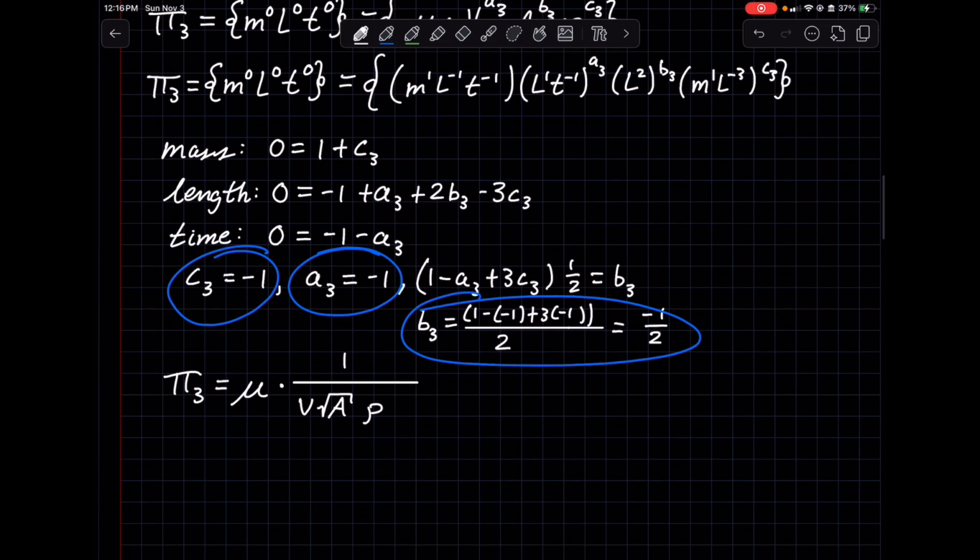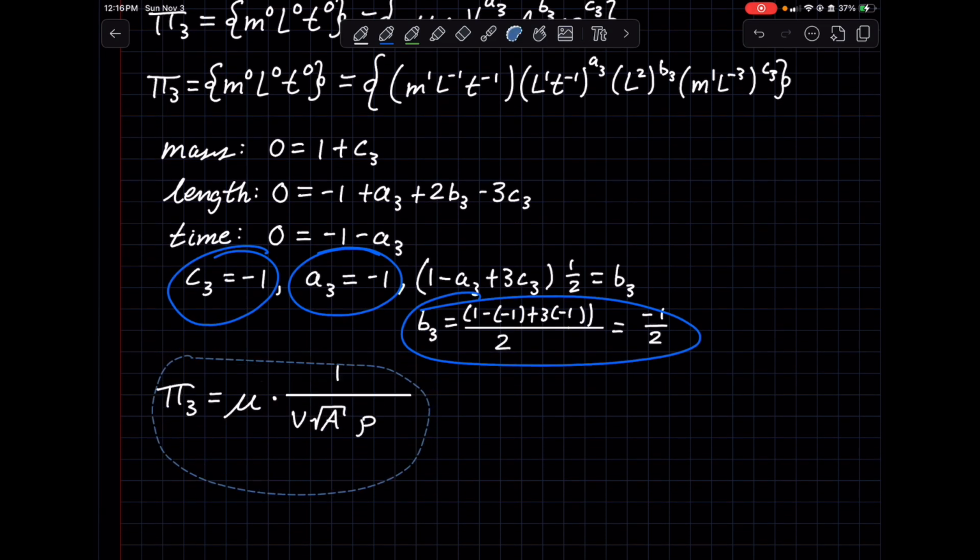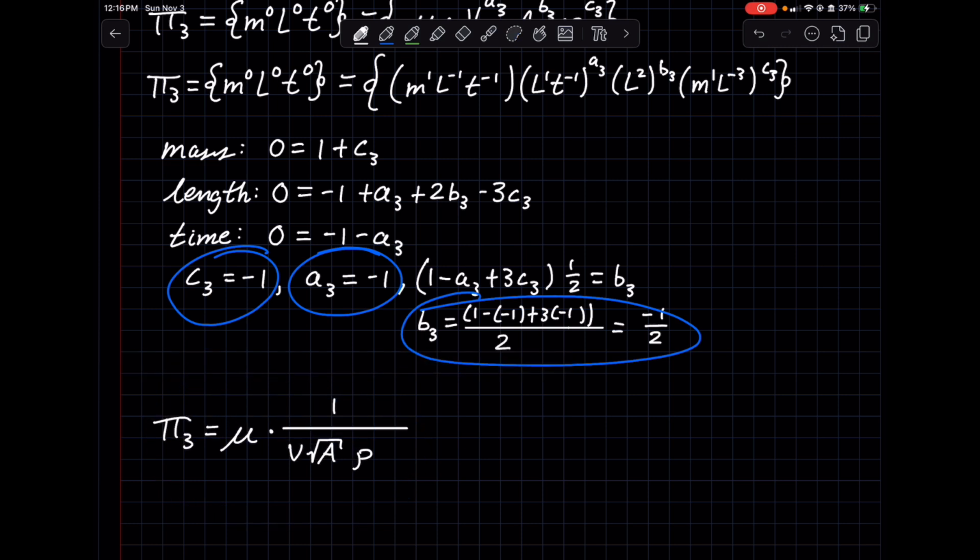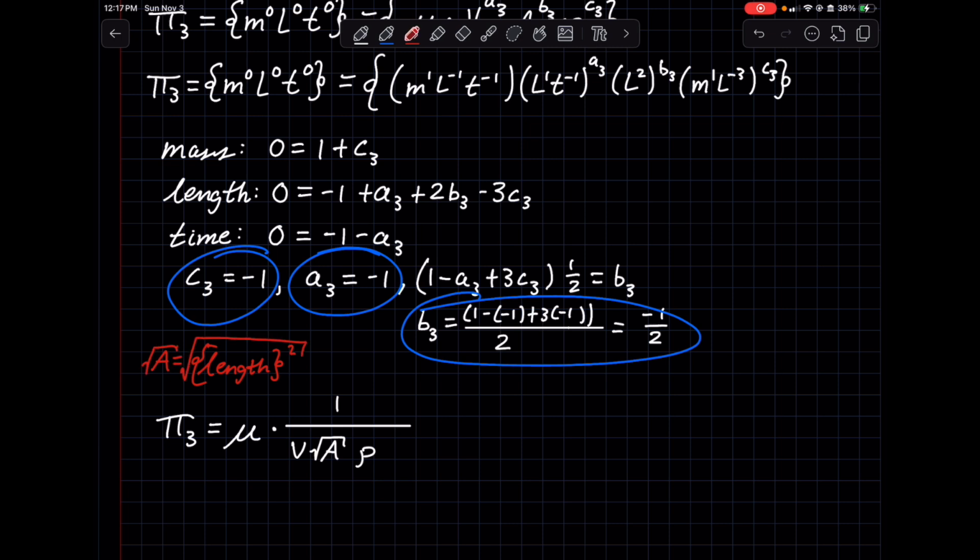So I'm going to clean this up a little bit. Our cross-sectional area, as you recall, we defined it as length squared, right? So if we go ahead and take the square root of our area, then that will leave us with our length.